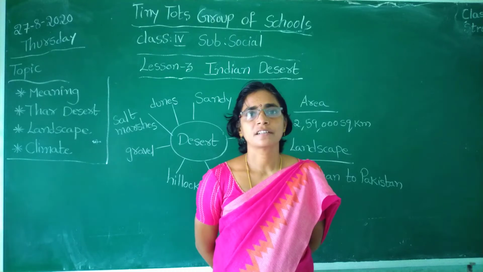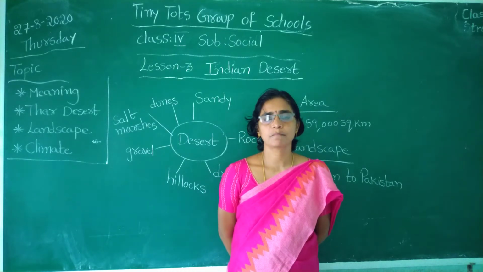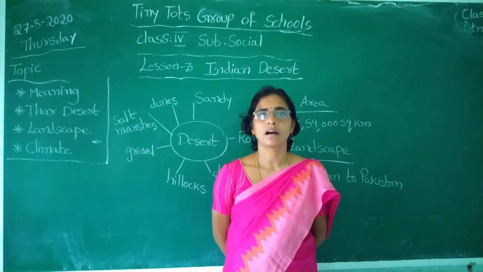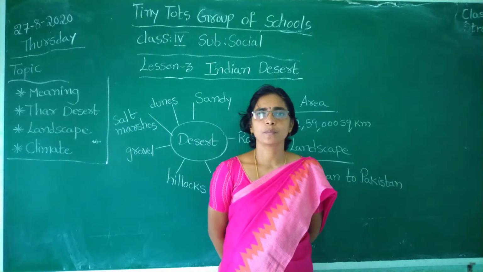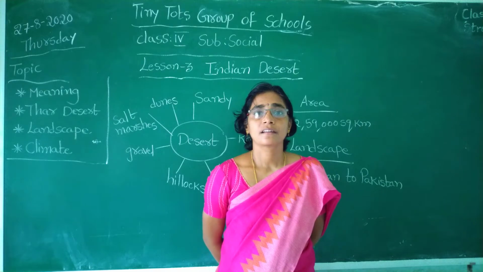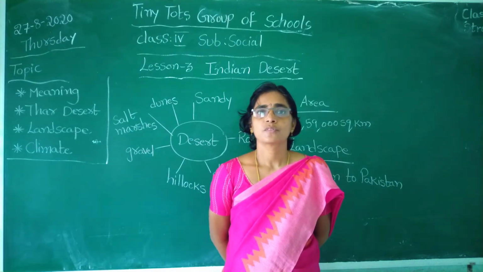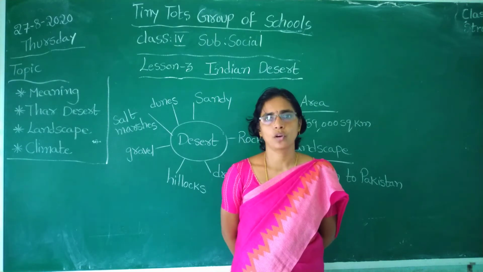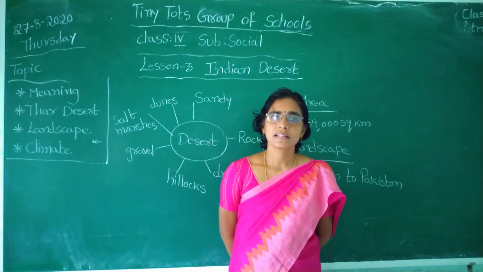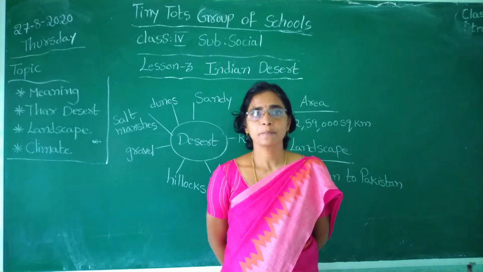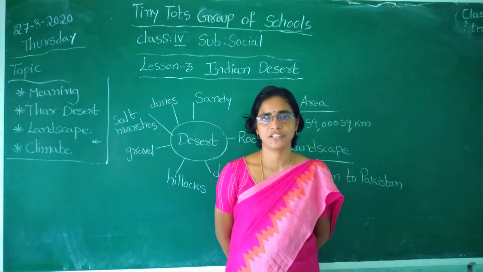After 18 years, she became a Christian nun, and she came to India and she developed so many orphanages and welfare centers in Kolkata. She got the Bharat Ratna Award as well as the Nobel Prize for Peace and Humanity.